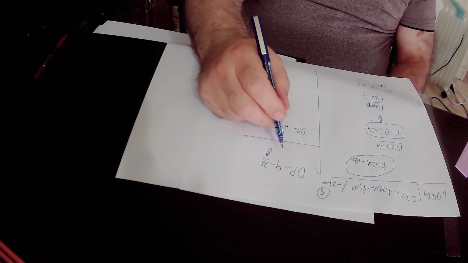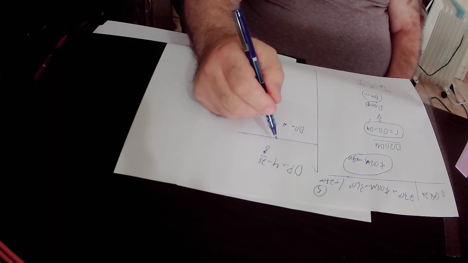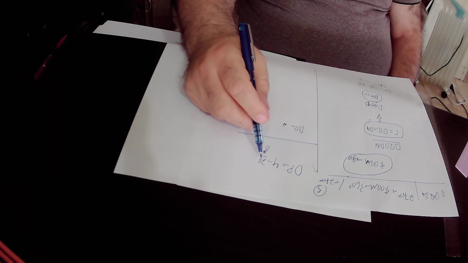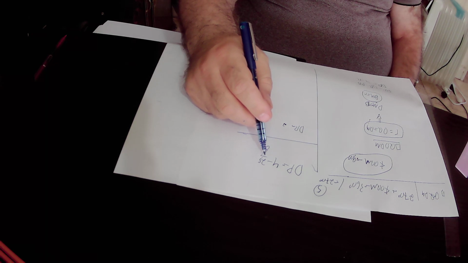Again, we know that dP equals 4 minus 25 over 8. So we multiply 4 by 8 and then we divide it by 8 in order to overcome a factor of 25 over 8.